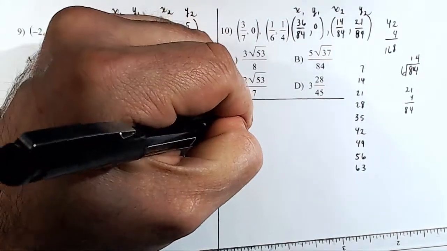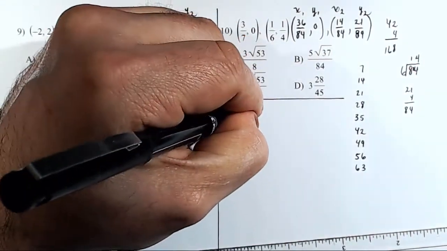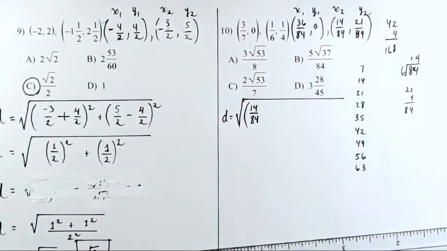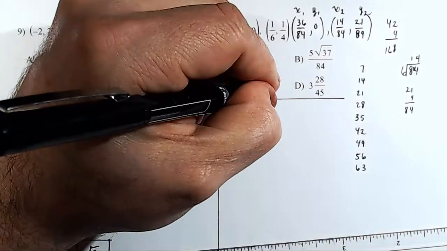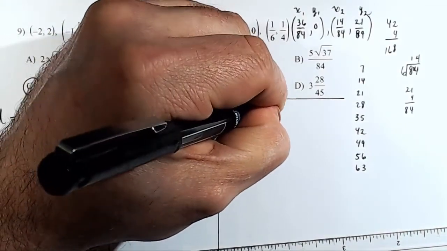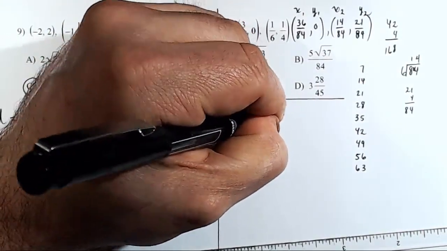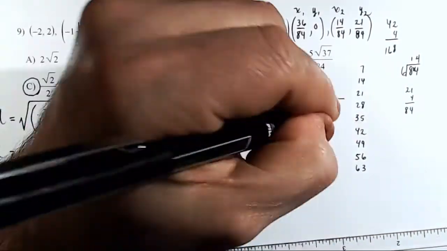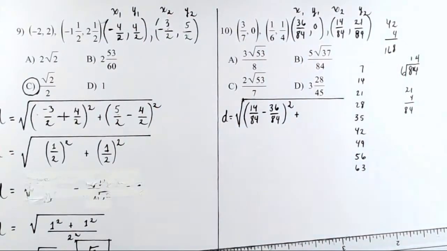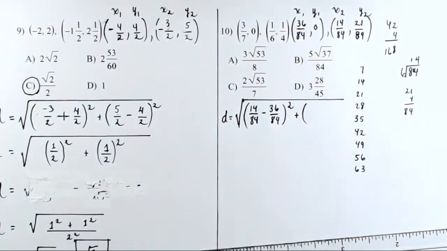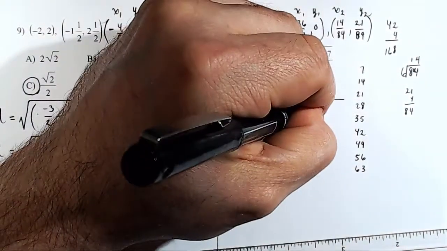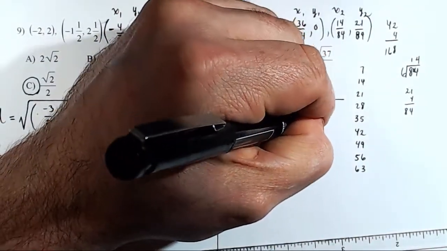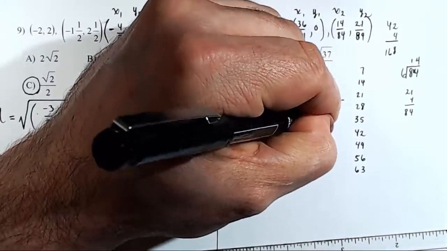And x2, so open parentheses, 14 over 84 minus x1, 36 over 84, squared, plus y2 minus y1. y1 is 0, so that's just 21 over 84 squared.